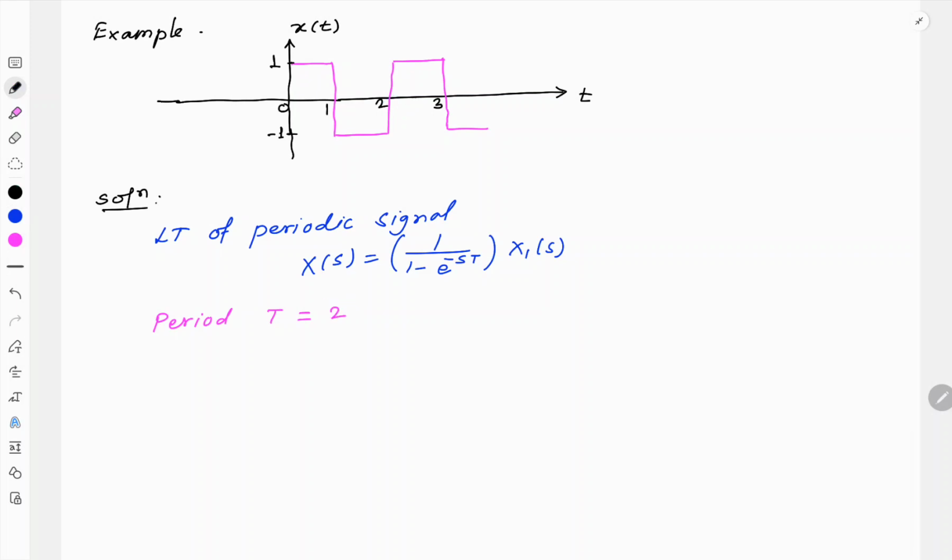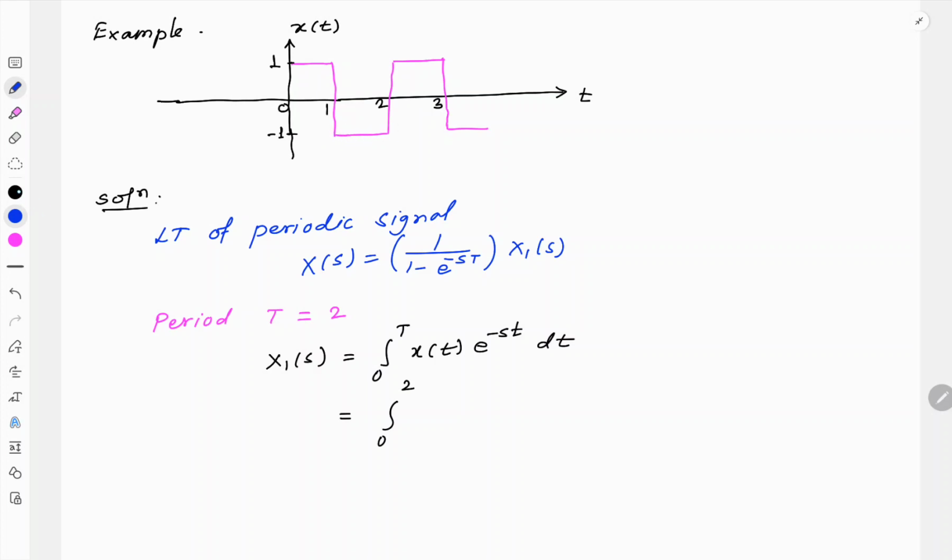Therefore, we can obtain X1(s) equal to integration from 0 to T, x(t) e raised to minus st dt. So let us substitute all the values over here. Integration from 0 to 2, x(t) is nothing but the given waveform. This waveform has value 1 for the interval 0 to 1, and it has value minus 1 for the interval 1 to 2.